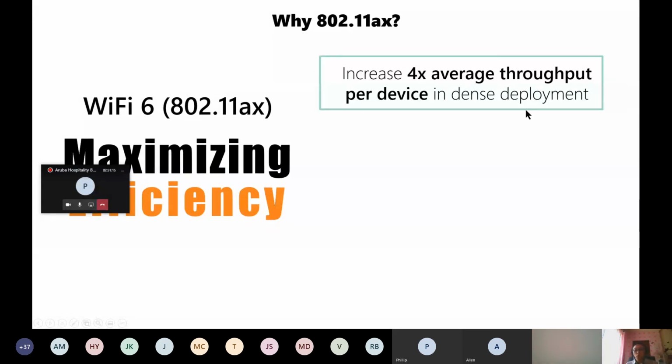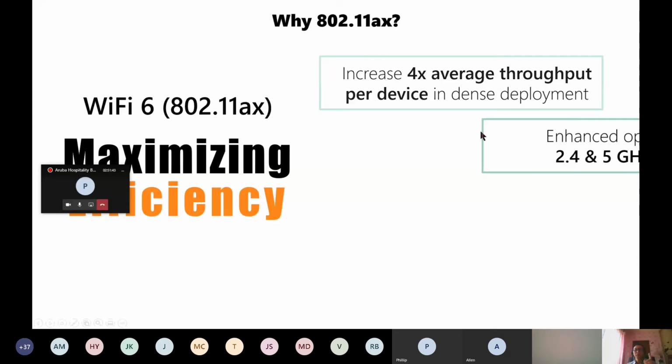And you saw earlier, with things like co-channel interference and the number of devices on a single channel, each device gets little airtime because the airtime is shared among all the devices. So the throughput drops very quickly when you have a lot of users. And Wi-Fi 6 aims to improve that. Meaning, in a scenario where there are a lot of users, I want to be able to get much higher throughput per device.